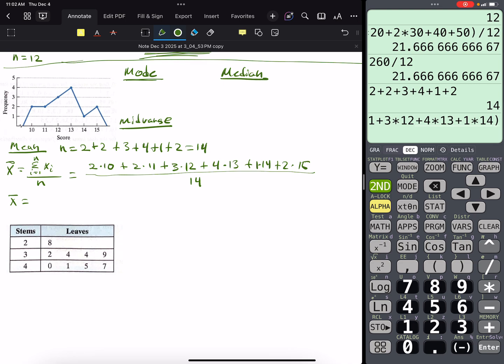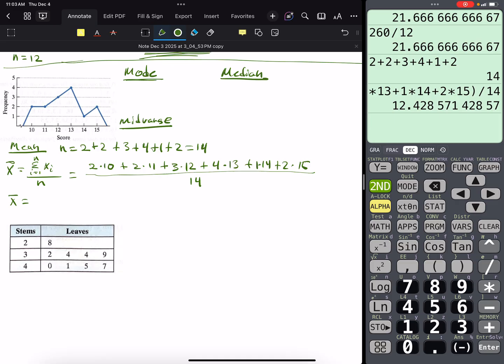You don't really need to type that in, but I'm just doing it for clarity, just to show you where the steps come from, plus 2 times 15. Okay, and then that will all be divided by my n, which was 14. Hit enter, and I'll get a value of 12.43 if I round.